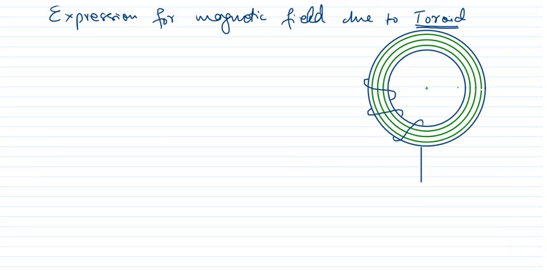Just like a solenoid, the wire is wound over a cylindrical frame, but that cylinder is not straight. Now this cylinder is in the form of a circle.